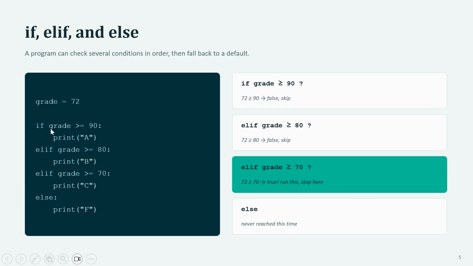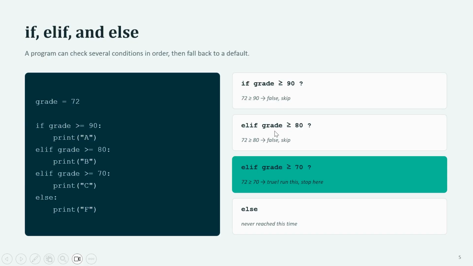This block hasn't satisfied this one, hasn't satisfied this one, but it got satisfied with this, so it has printed C. So here in this sort of debugging, if grade is greater than or equal to 90, because the grade value is 72, it doesn't satisfy, it's false, skip.